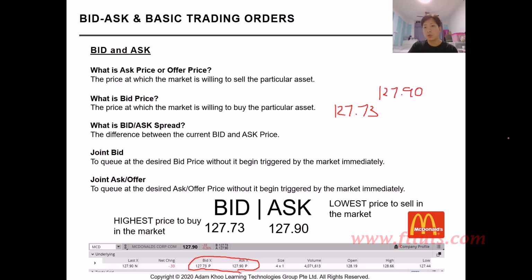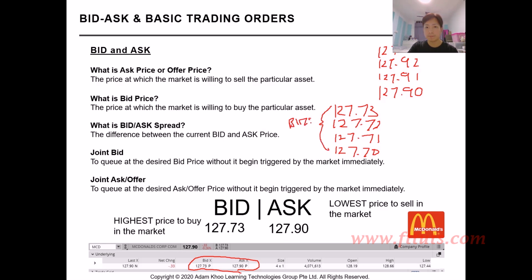Anything lower will be 127.72, 127.71, 127.70. Anything higher will be 127.91, 127.92, 127.93, and so on.